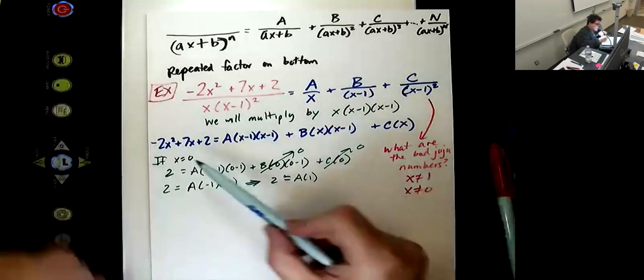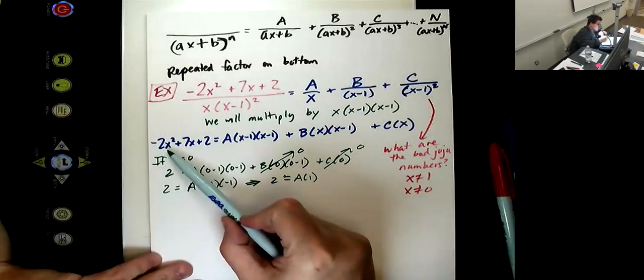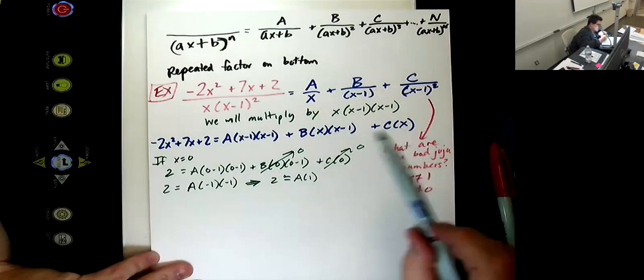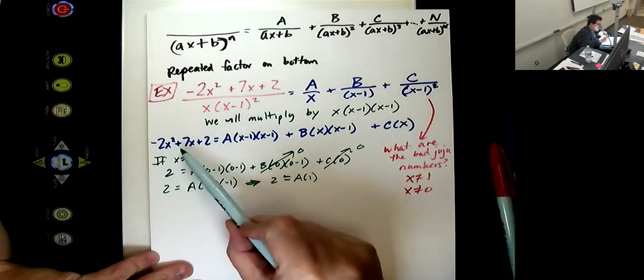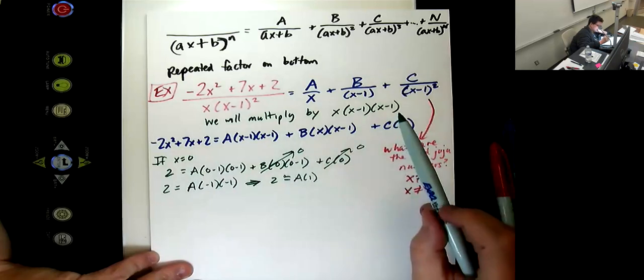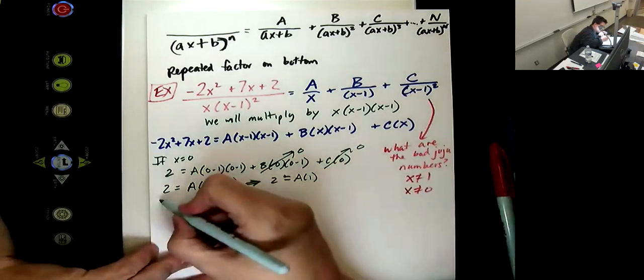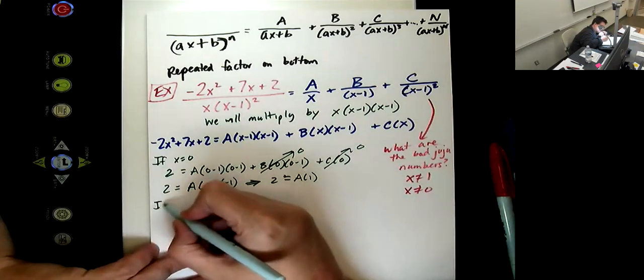I plug in x equals 0 here. I sped up the left side. Plugging in 0 on any of these makes those go away. It's not going to do that if I do x equals 1.